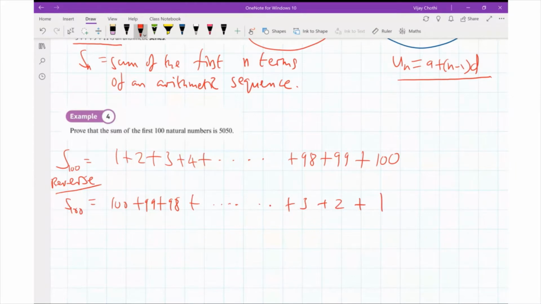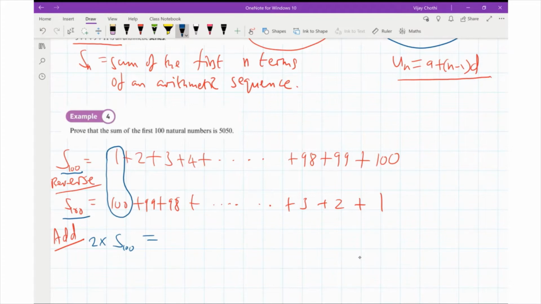The next trick, you add up both expressions. On the left-hand side, you get double the sum, so 2 times the sum of the first 100 terms. This is the clever bit. If you match these together, if you add these together, that will give you 101.